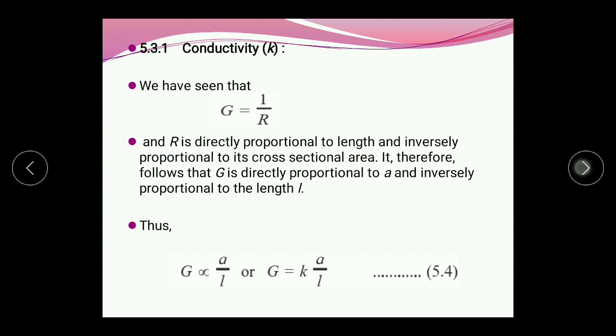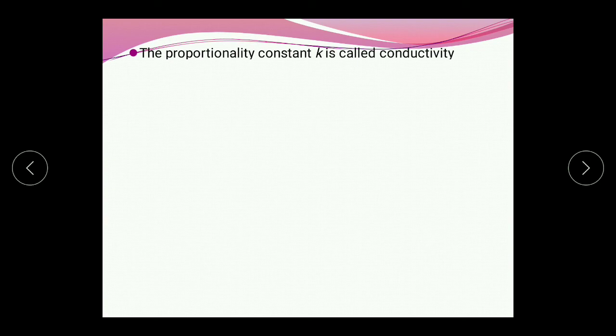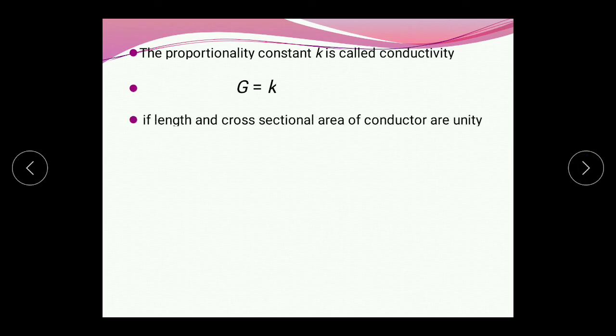Thus, G equals K into A upon L. G can be equal to K when A is 1 and L is 1. So if the length and cross-sectional area of the conductor are unity, then G will be equal to K.